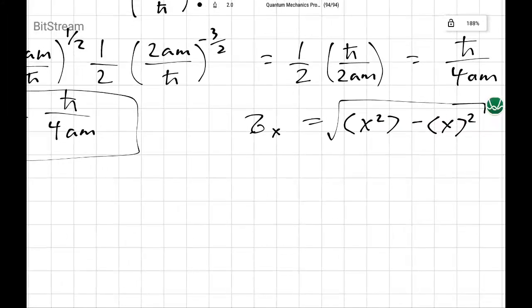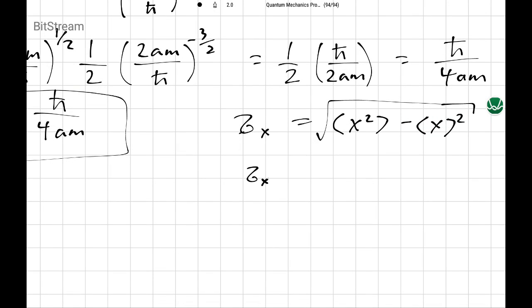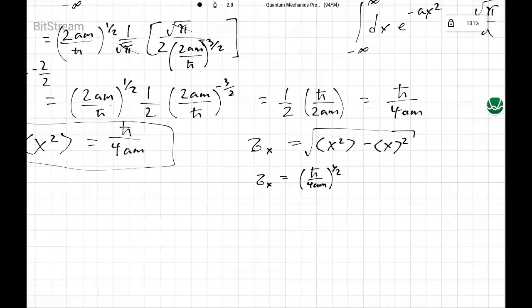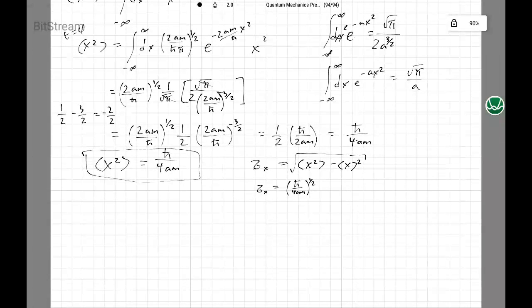Which means that my standard deviation in x is just this square root. Okay, now we're done with that one.